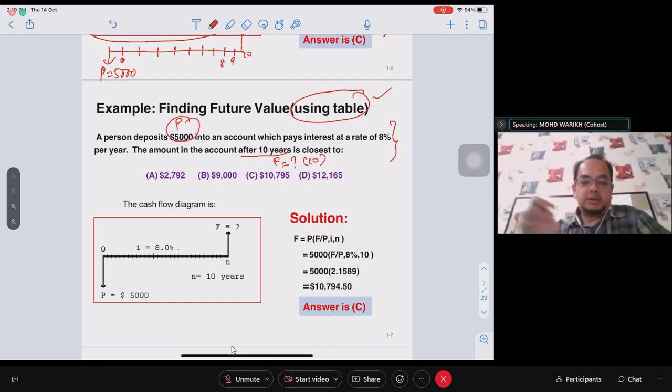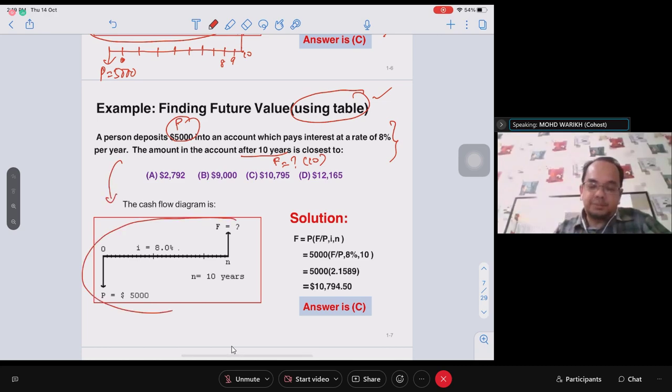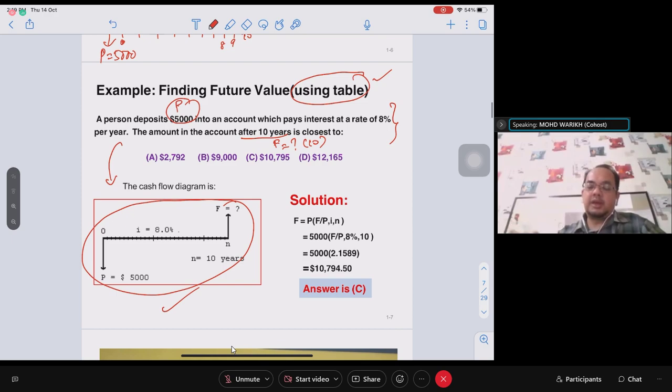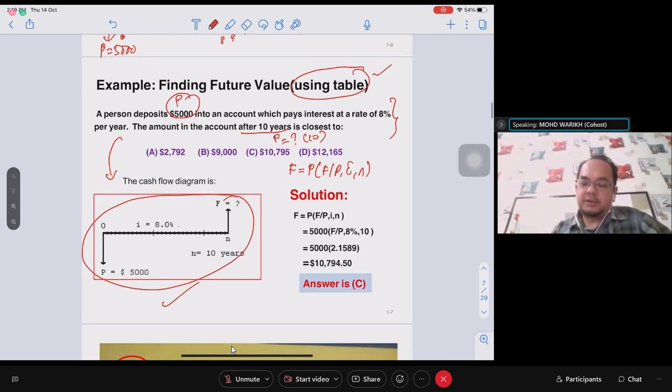So the same thing, you have to draw the cash flow diagram. Then you know that we have to find F, right? So you find F over P, where P is given, F over P, i, N. Then just write F equal to 5,000, P is given, right?